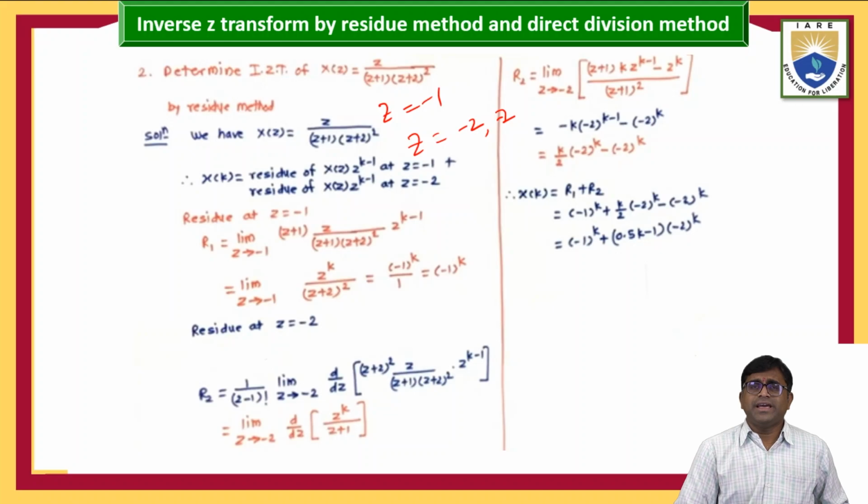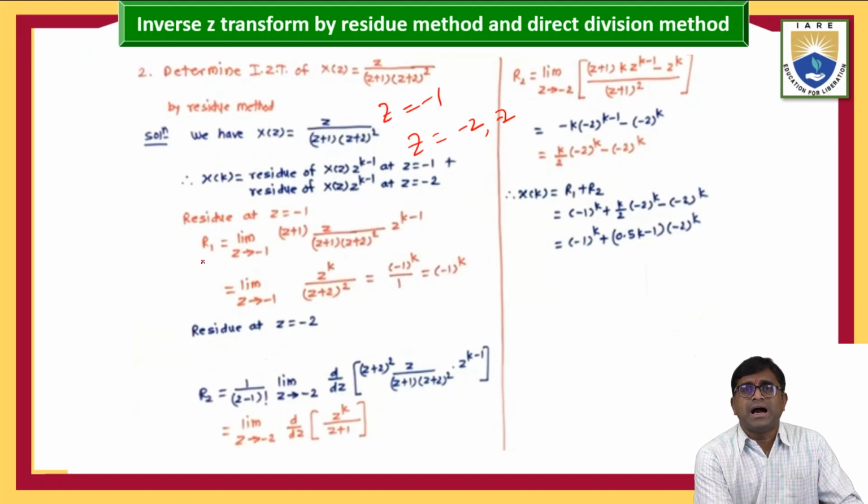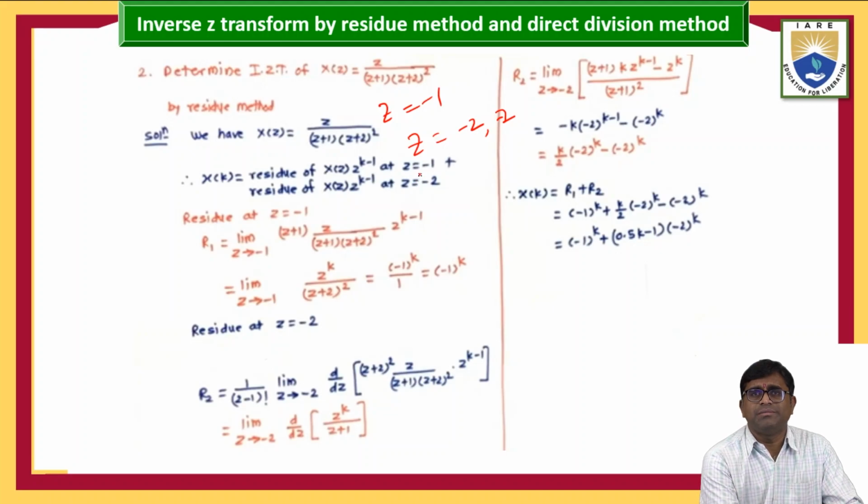For that one, we are getting here R1, the first pole, that is z equal to minus 1.